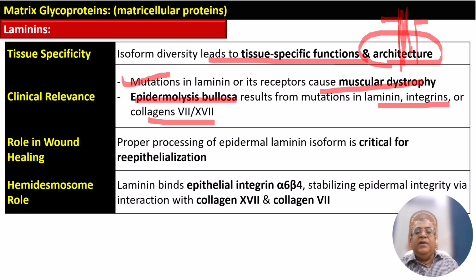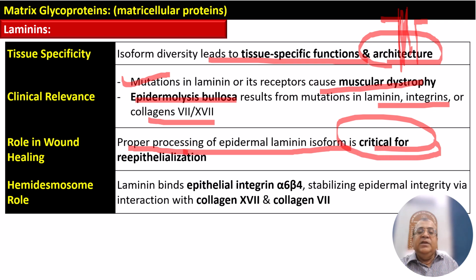The role of laminin in wound healing is that proper processing of the epidermal laminin isoform is critical for reepithelialization, and laminin binds epithelial integrin alpha 6 beta 4, stabilizing epidermal integrity via interaction with collagen 17 and collagen 7.